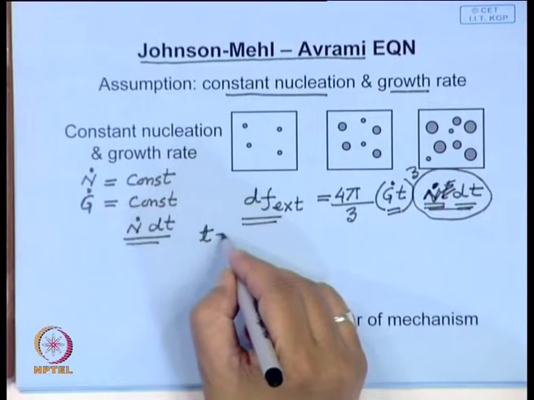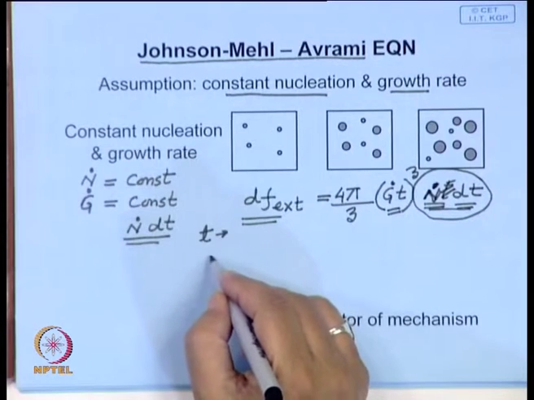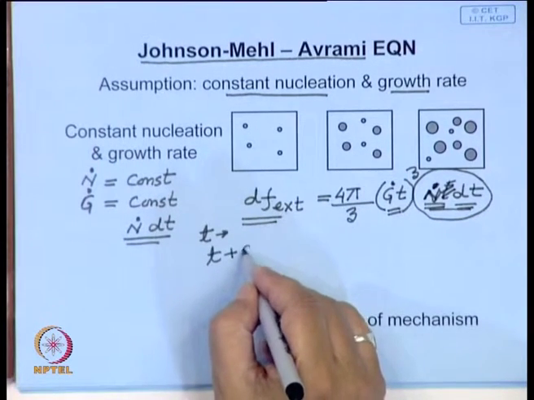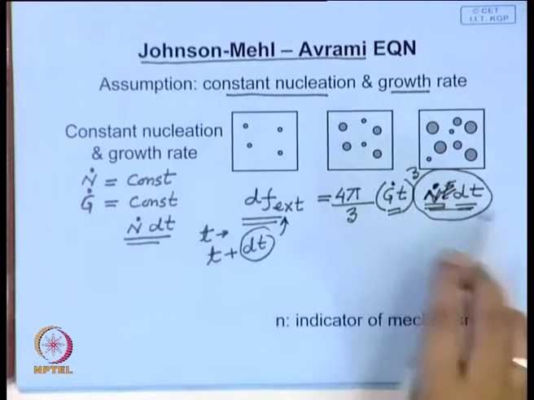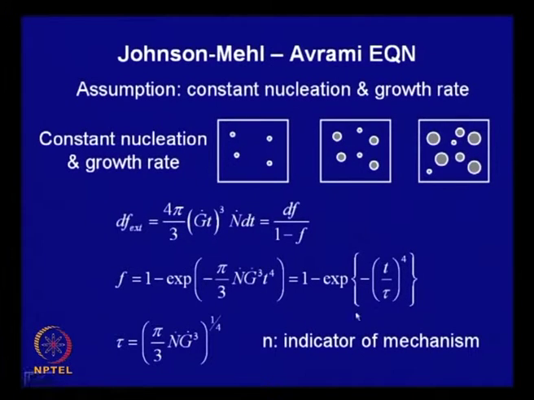At time t you have a certain number of nuclei, and what happens at time t plus delta t, the volume fraction will increase by this amount. And then you integrate this, since there is t cube, here you will get t to the power 4, and the expression comes out to be this. And here also you try to find out tau, this expression is given here.